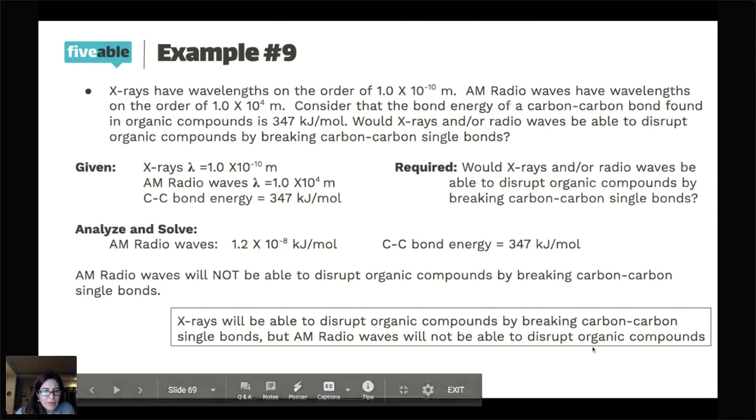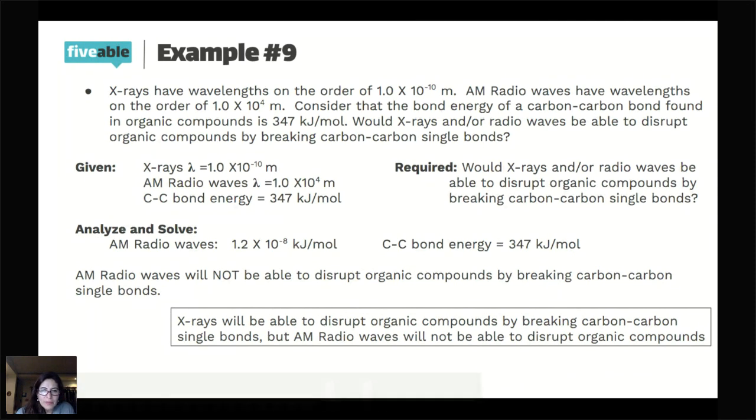Any questions on how to work out these problems? Any questions on any topic about this stream?